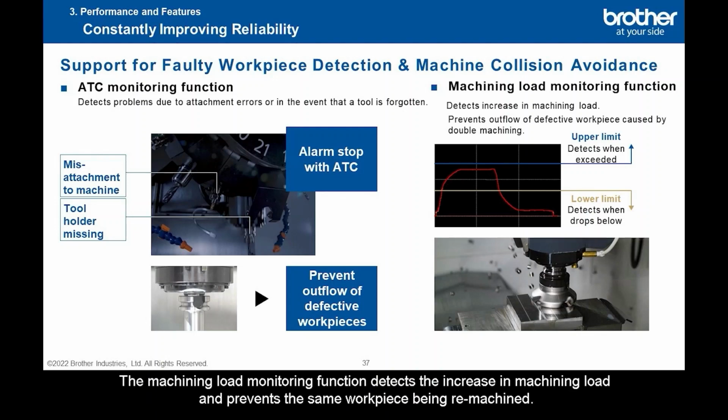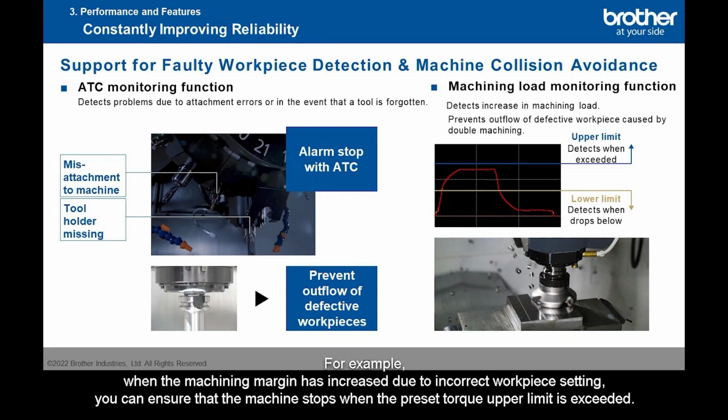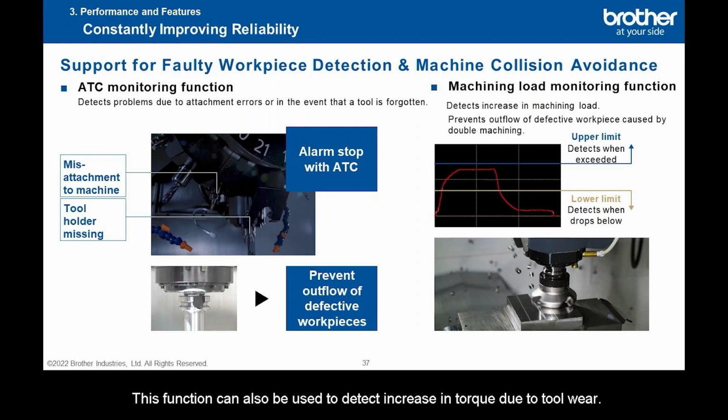The machining load monitoring function detects the increase in machining load and prevents the same workpiece being re-machined. For example, when the machining margin has increased due to incorrect workpiece setting, you can ensure that the machine stops when the preset torque upper limit is exceeded. This function can also be used to detect increase in torque due to tool wear.